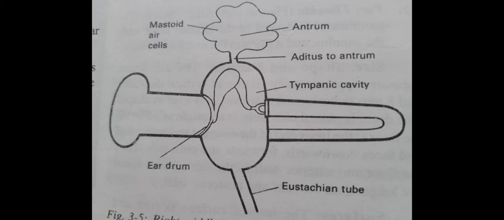Then about the shape of this external auditory canal, there is a narrowest part that is called the isthmus. It is situated about 5 millimeters lateral to the eardrum, that is the tympanic membrane. The foreign body may usually get lodged over that part.